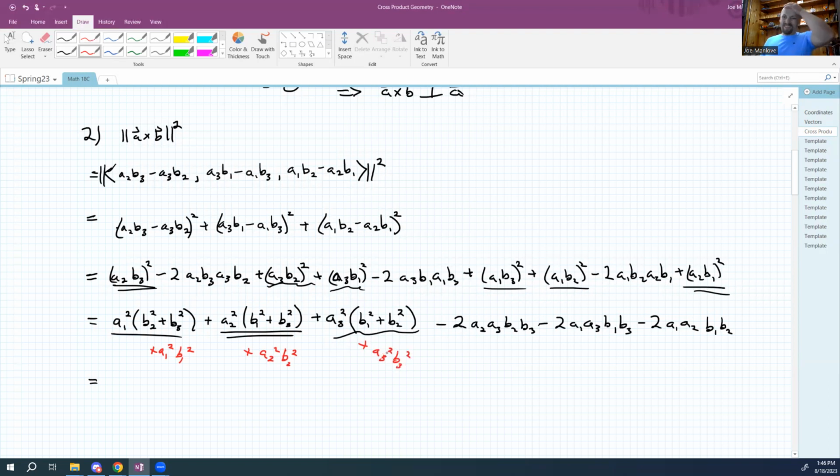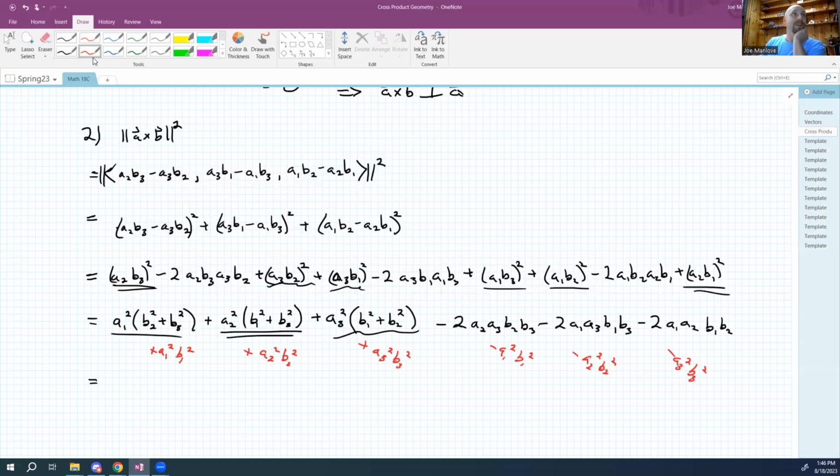Now the kick is I can't just randomly add those things. I've got to subtract them too. So I'm going to subtract A1 squared B1 squared, A2 squared B2 squared, and A3 squared B3 squared here. You guys all see that?